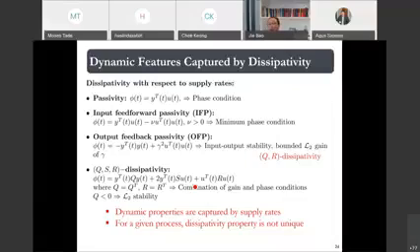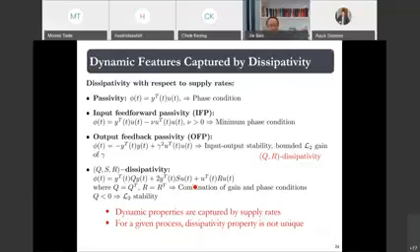What's interesting here is that because the dissipativity concept applies to nonlinear systems, the QSR dissipativity actually represents the combination of the gain and the phase conditions for nonlinear systems in an extended sense. Particularly, if Q is negative definite, then it basically means this process is L2 stable. In other words, the gain between the output and the input is bounded.